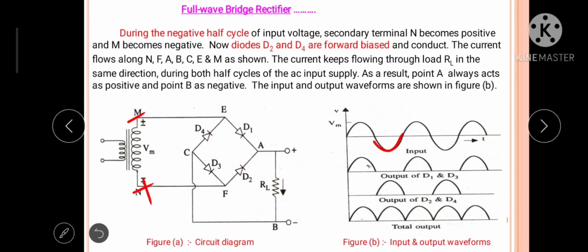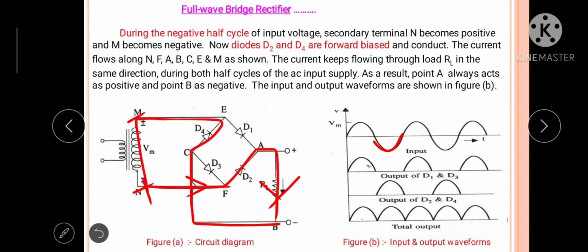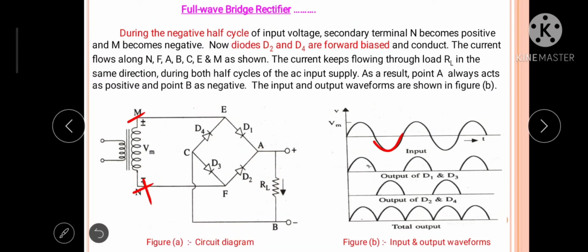The actual direction of current from point N we can draw like this. It continues through RL, and then it flows like this. So direction we can show like this. As a result, we get output voltage across this load resistance RL.